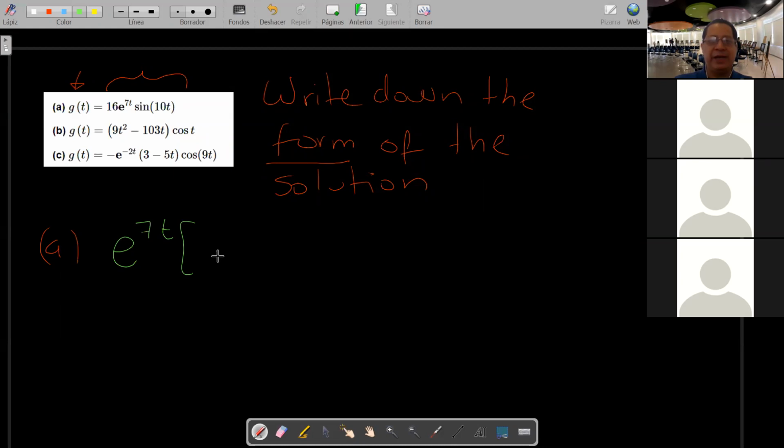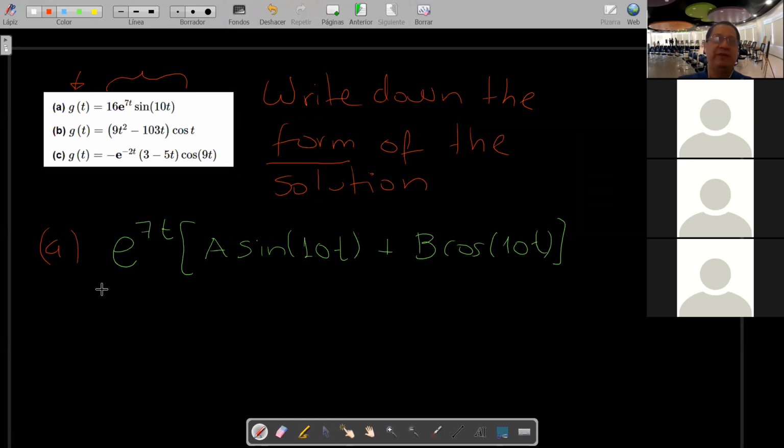And what is the guess for the solution of sine of 10t? It is a times sine of 10t plus b cosine. You see that? And that will be the guess.